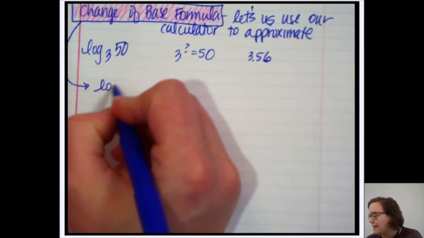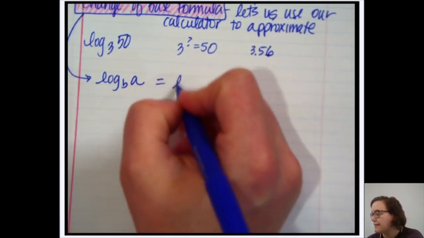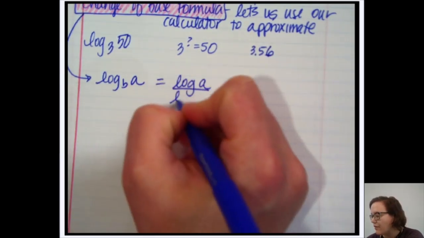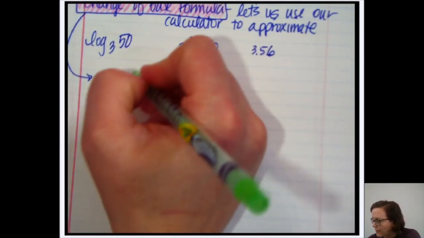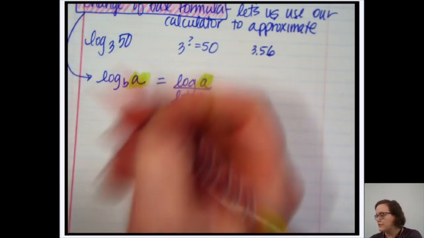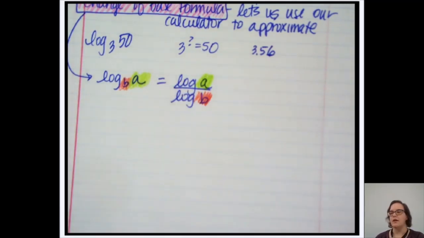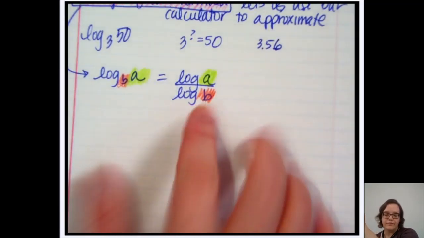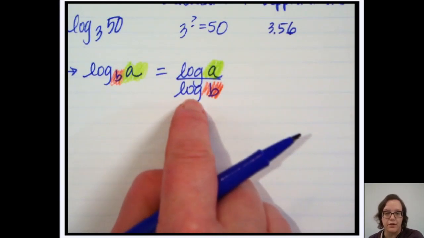We can take any log that we have and rewrite it as the log of A over the log of B. Notice the A goes on top, and the B, the base, goes in the bottom, or I like to say the base goes in the basement. So we can just do log of A over log of B, which is our common log. We can use the log button on our calculator now.